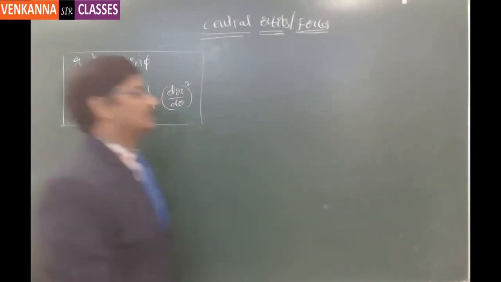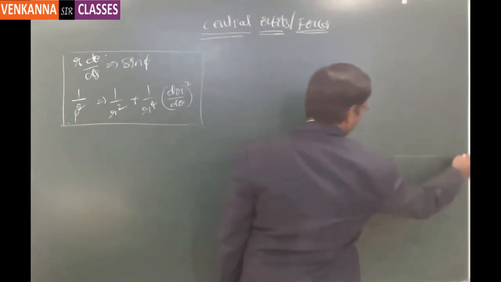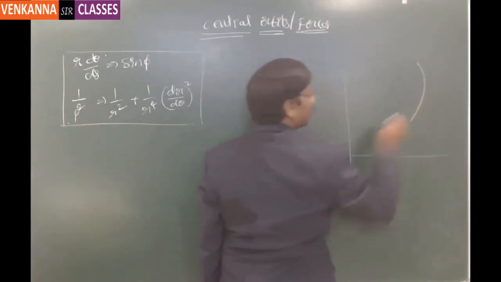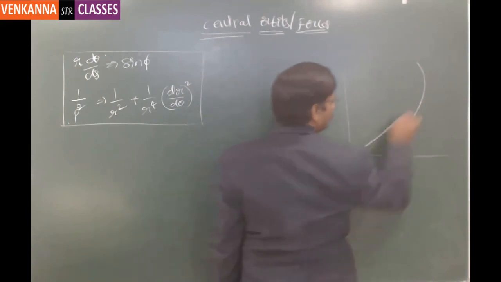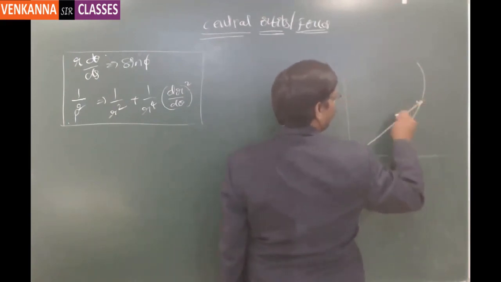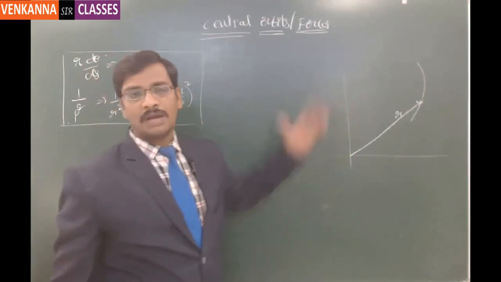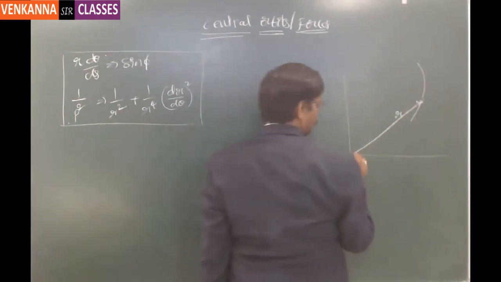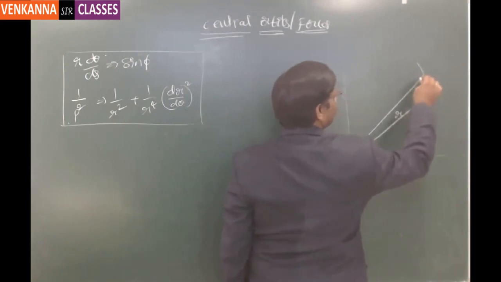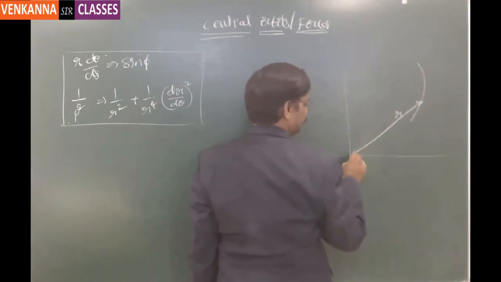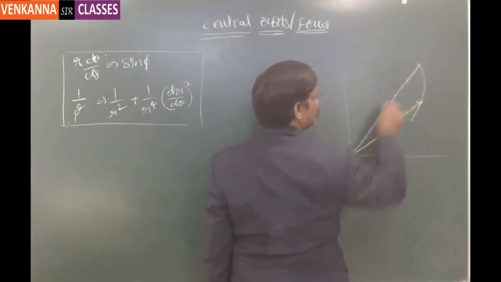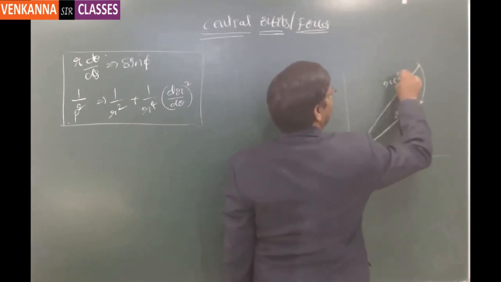Suppose you draw this coordinate like this, and let us say this is the curve, and then this is r, which is the initial value of r. Then after a change of r from r to r plus delta r, this is the change in length. So this is r plus delta r.